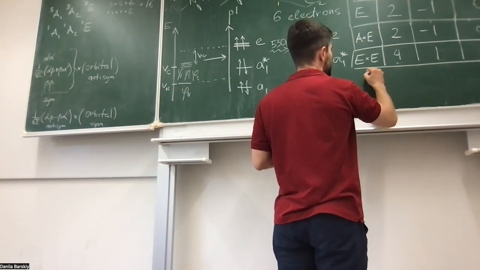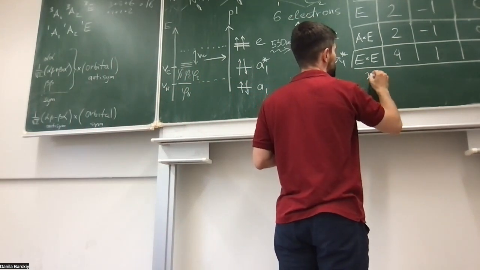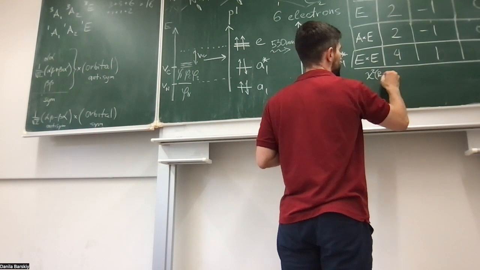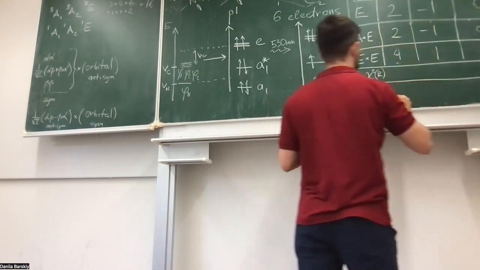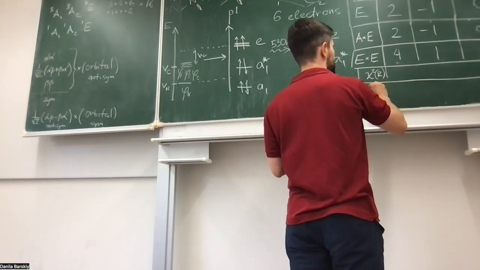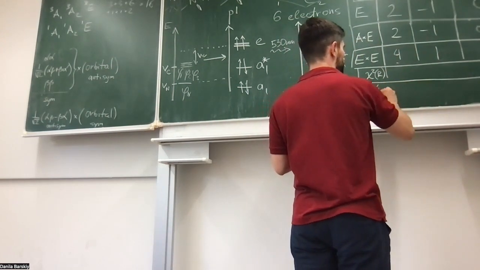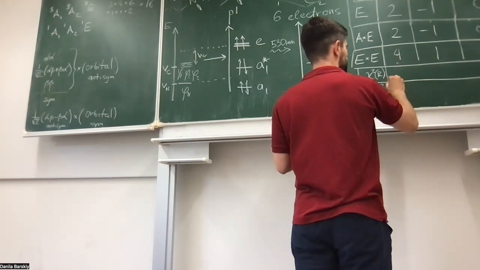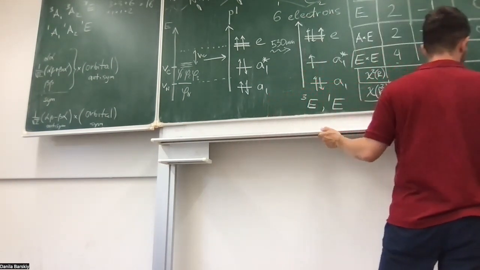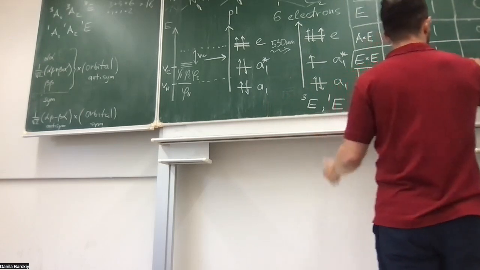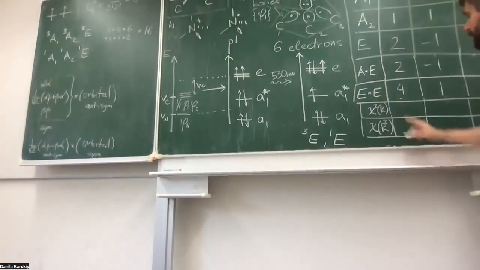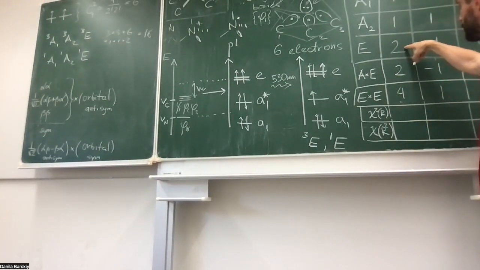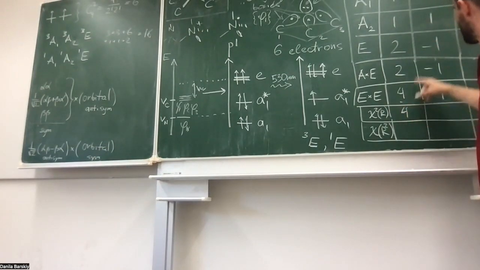So what does it mean? Let's find, for simplicity, the square of the operation line here, and the character of the operation squared. The square of the operation for E times E is very simple. You take this square 4, this square 1, this square 0.